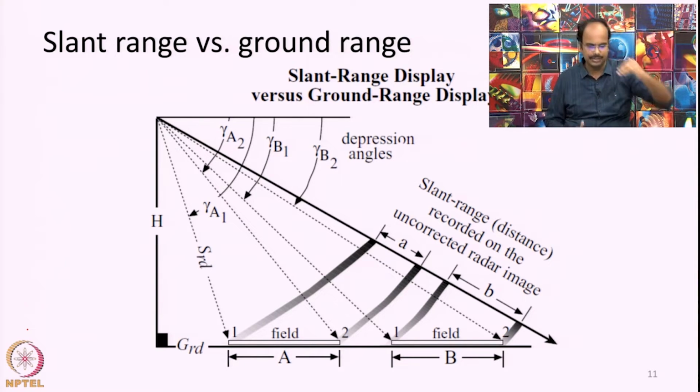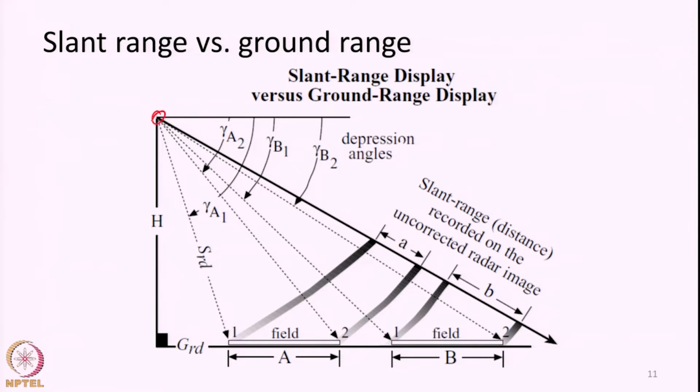So, the line joining the antenna and any point on the ground surface is measured along this particular direction. So, the distance is not measured with respect to the horizontal distance, but with respect to the slant line that connects the antenna with every different point on the ground surface. So, the radar essentially measures the slant range distance.